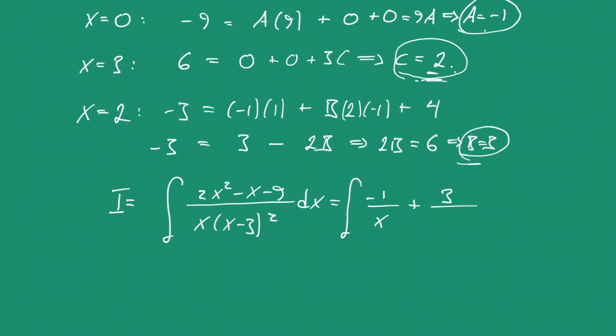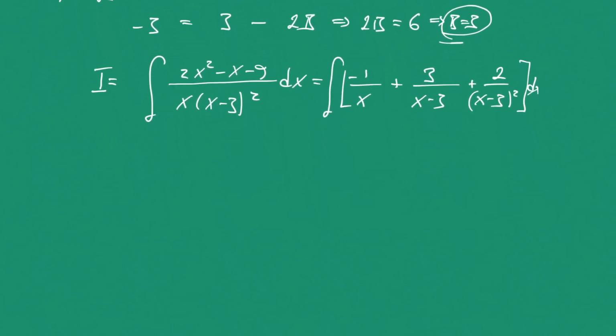B we found was 3, plus c, which we found is 2 over x minus 3, all squared. And so we just have to find the integral of this function that we see here. And that is not going to be too hard.